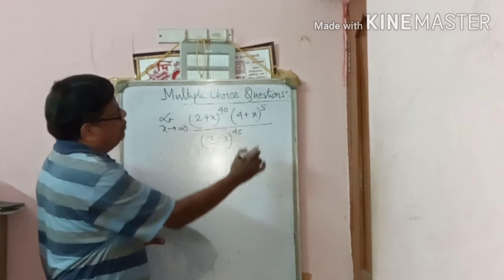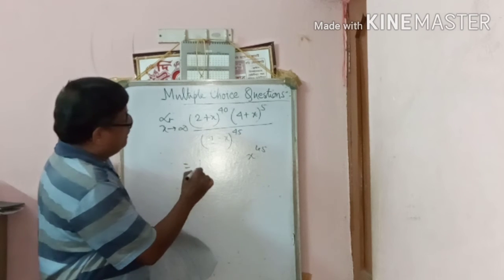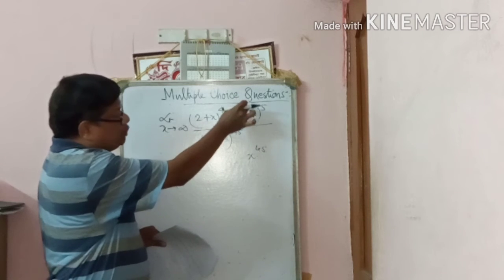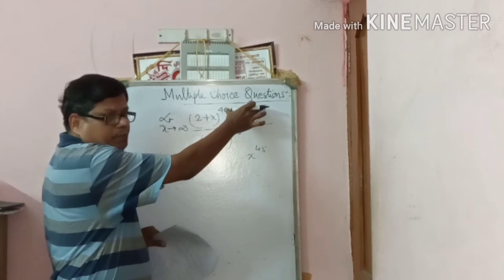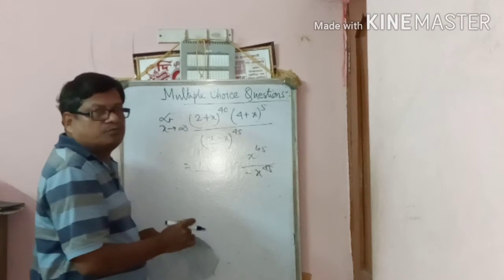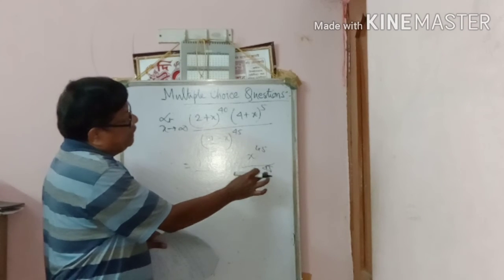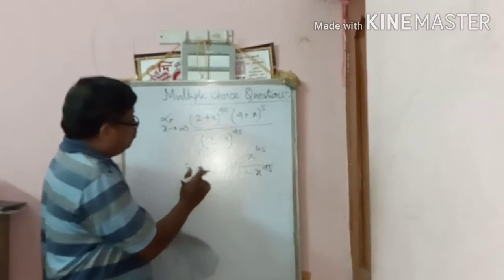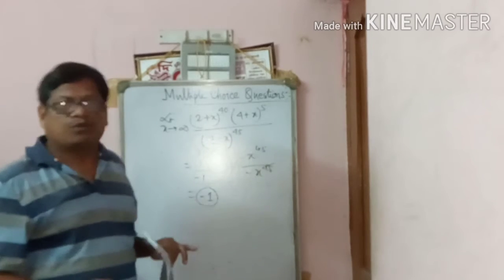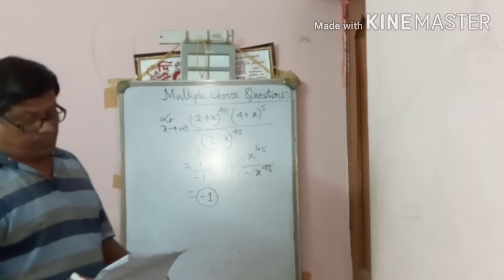The coefficient of x to the power 45 on top is 1, and both the powers are equal. So the coefficient of this is 1, and here minus 1, so the answer is direct minus 1.